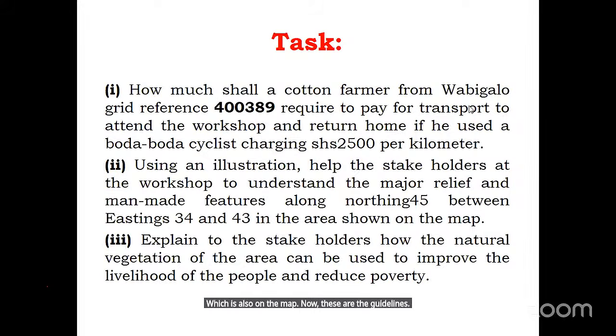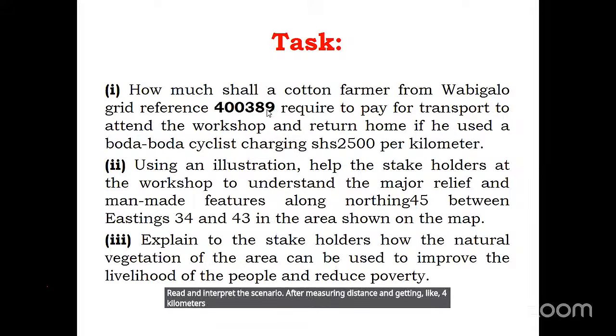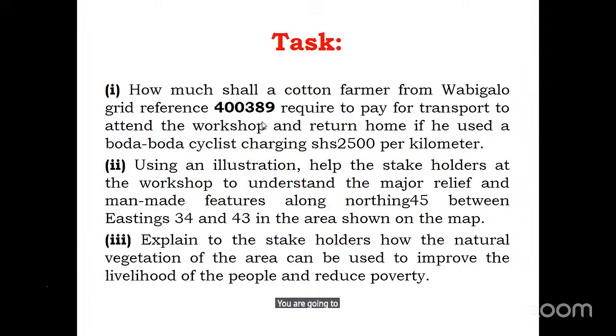Dear candidates, read and interpret the scenario. After measuring distance and getting, say, 4 kilometers, I am just using an example, you are going to multiply 4 kilometers by 2,500, which is the unit cost for every kilometer.